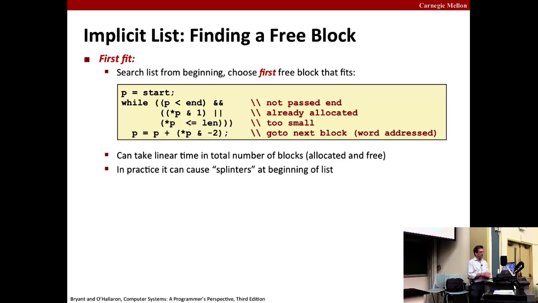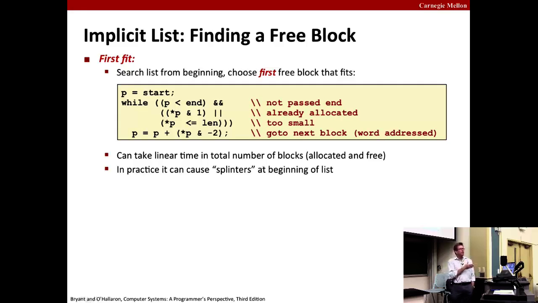Okay, so given this kind of structure, how do we find a free block? There's a number of different ways. The first way, which is called first fit, is to search the free list from the beginning and just look for the first block we can find that satisfies the request. So we're asking for a block of size 10.